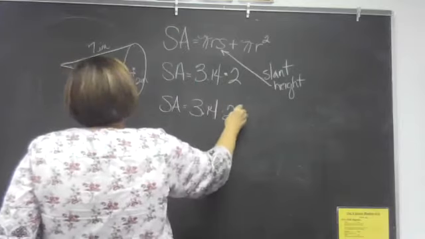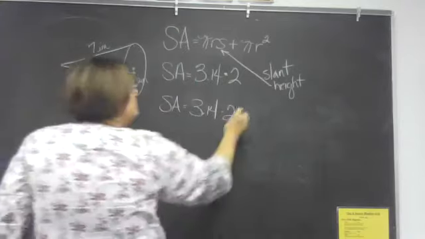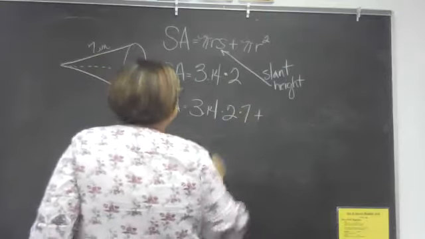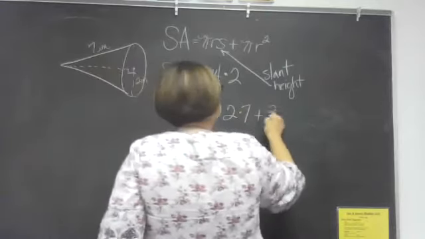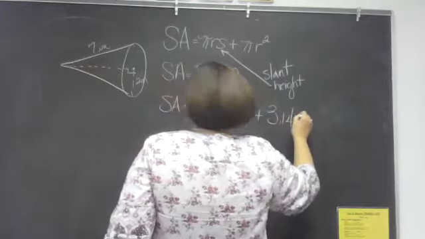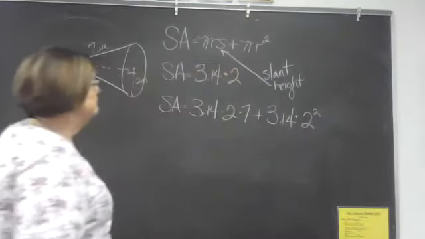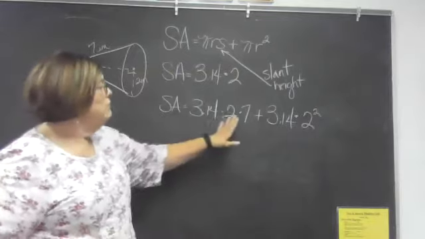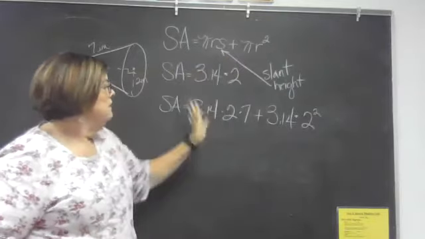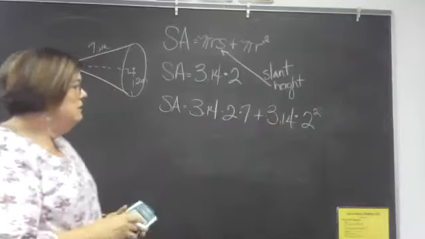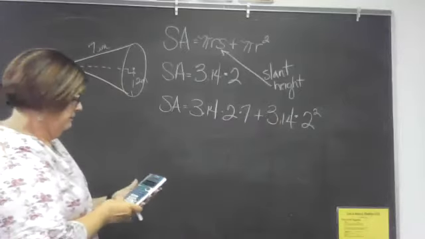Times 2 times, now the slant height is 7 plus pi times 2 squared. We have everything plugged in, and now we just need to use your calculator to figure this out.